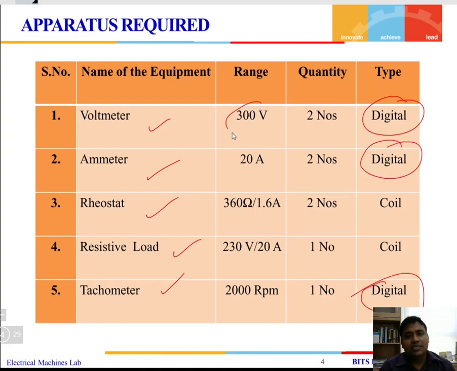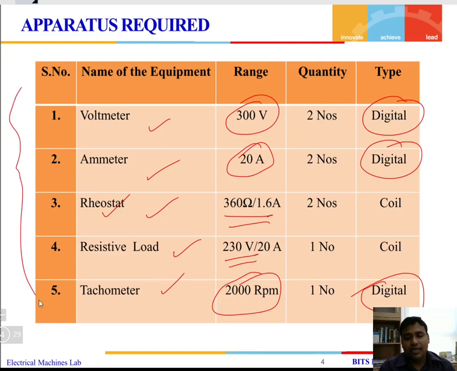The voltmeter range is 300 volt, ammeter 20 ampere, tachometer 2000 rpm, and rheostat for changing the variable resistance we have 360 ohms, 1.6 ampere, and the resistive load is 230 volt, 20 ampere. So these are the apparatus that will be required to conduct this experiment.